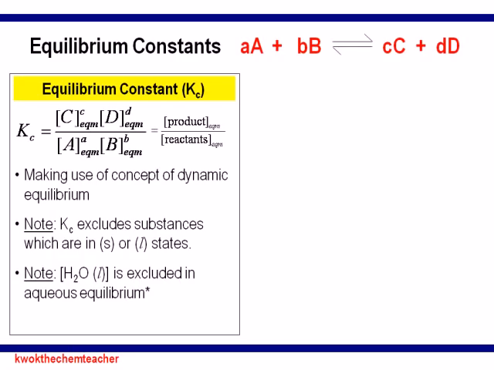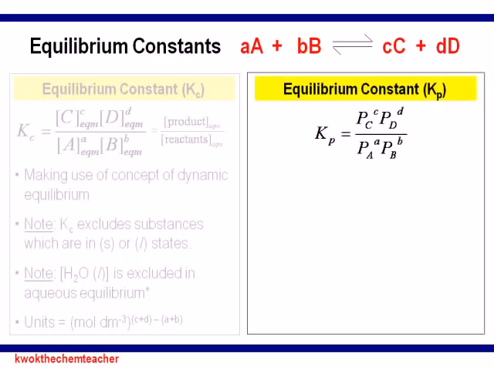Generally, you should also take note that the concentration of water is excluded in aqueous equilibrium. Do note something very useful about the Kc expression: the unit for the Kc will be mol per dm cubed to the power c plus d minus a plus b.